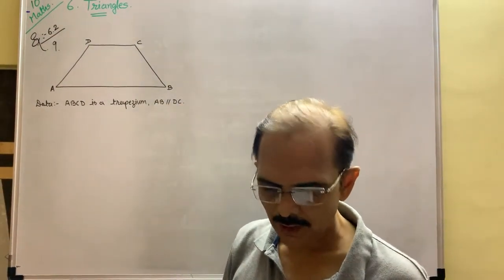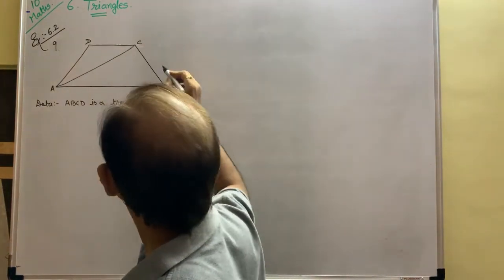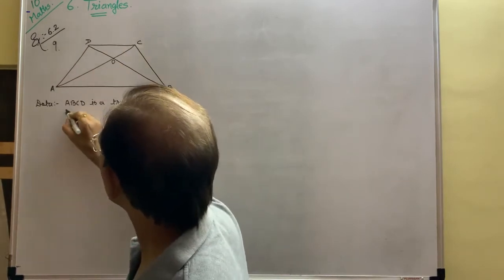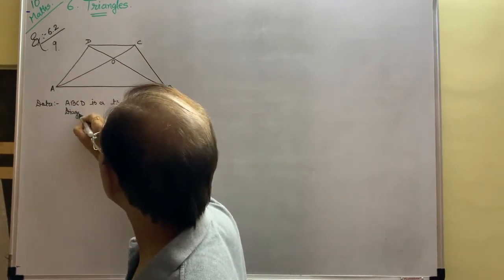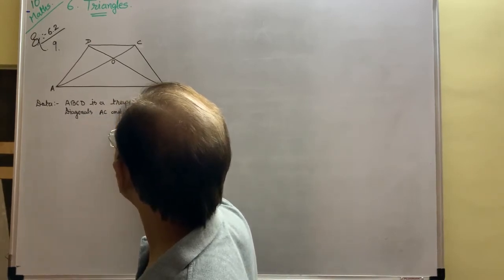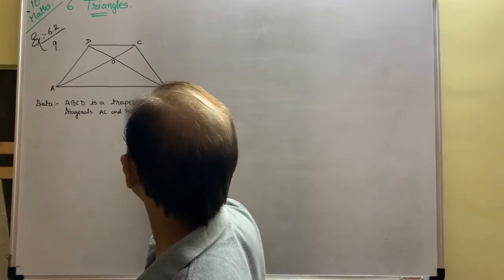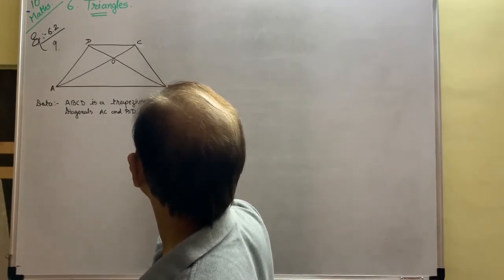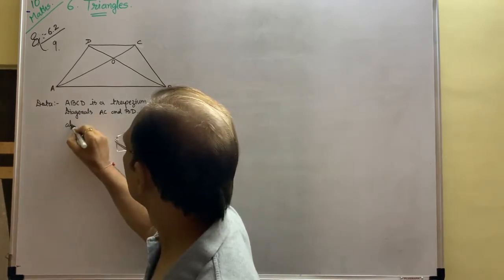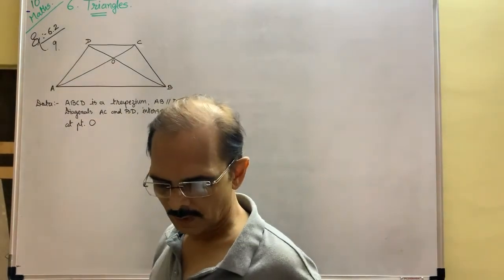Diagonals AC and BD intersect each other at point O.